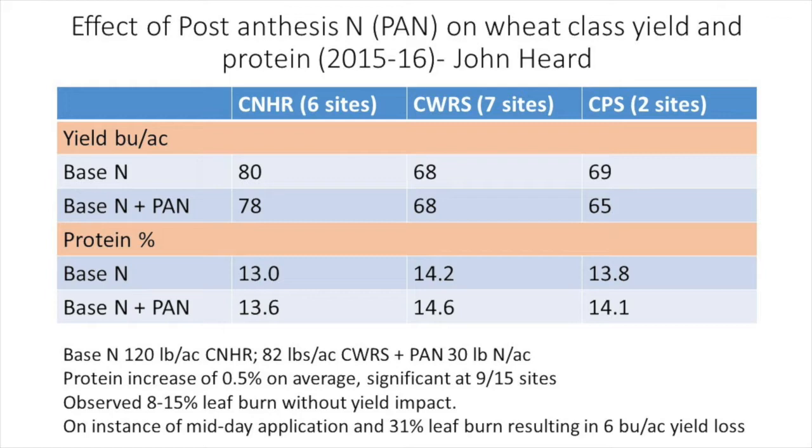On average, they increased protein by 0.5%, and this was significant at 9 out of 15 of the sites. They observed about 8 to 15% leaf burn, which didn't seem to impact yield, but they did have one case where somebody got 30% leaf burn and lost 6 bushels because they applied midday when it was hot.